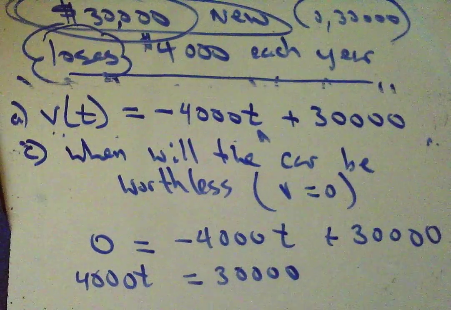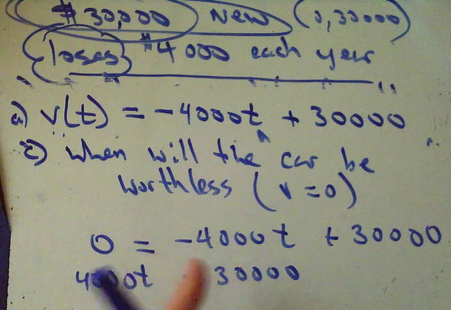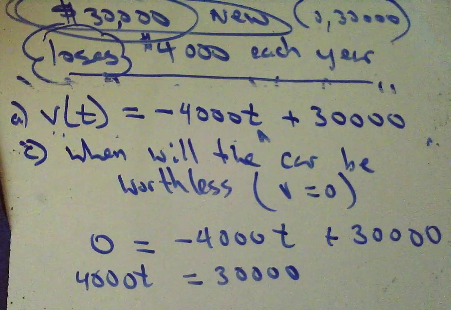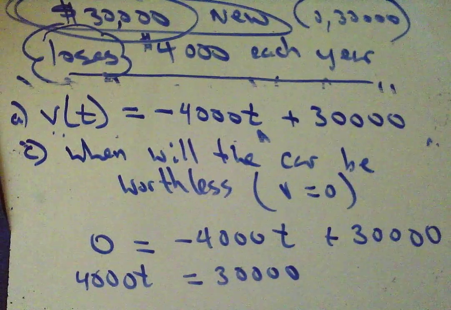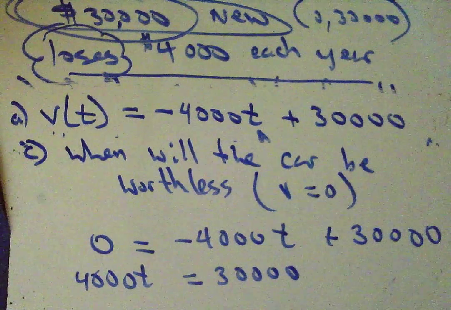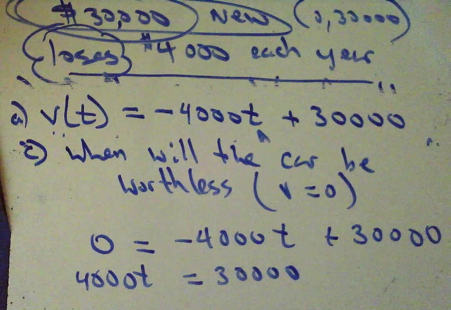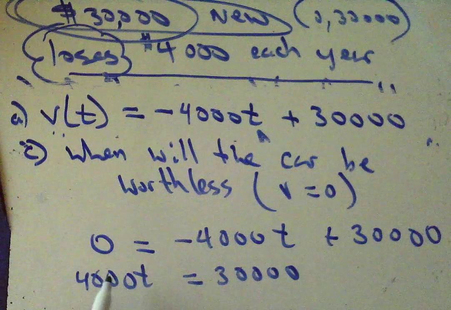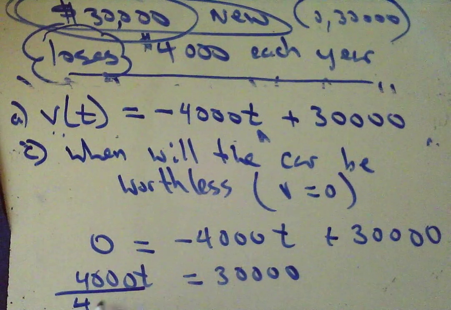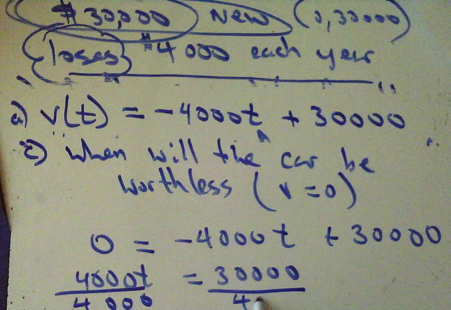I did that because I noticed when students move this over and divide by this, they drop one of those negatives. And so then they make a sign mistake and get a time that's equal to a negative number, and I can't have negative time. So watch out for sign mistakes. Divide by 4,000.